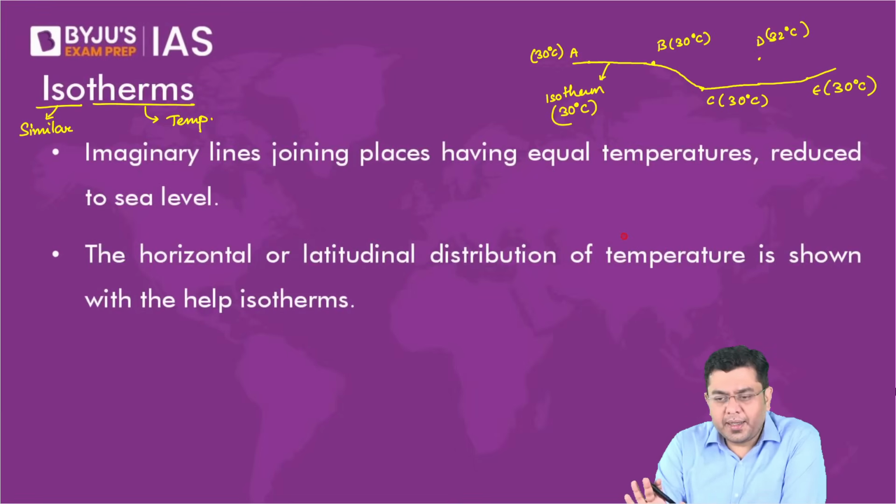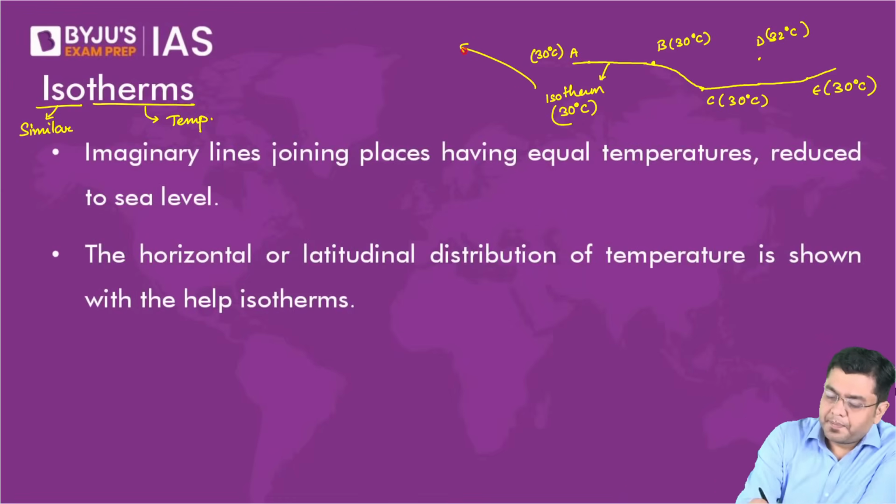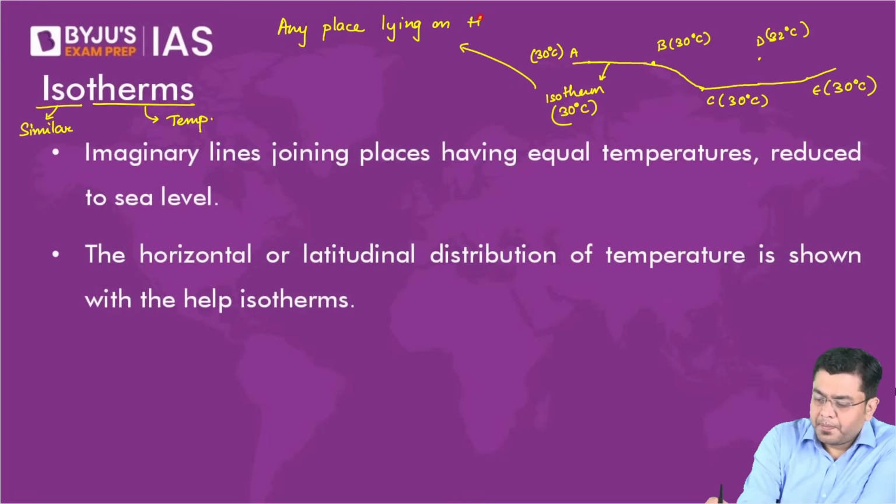I hope that can be indicated, right? Fair enough. So, any place lying on the isotherm shall have a temperature of 30 degrees Celsius.